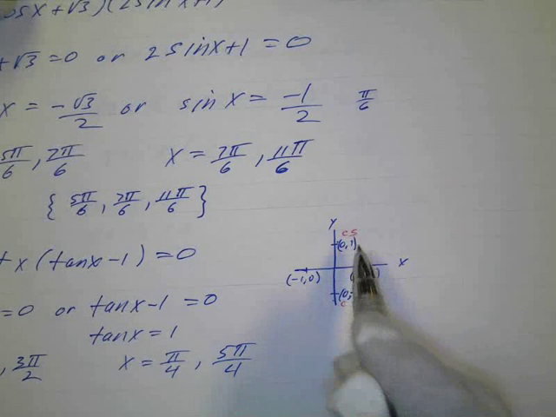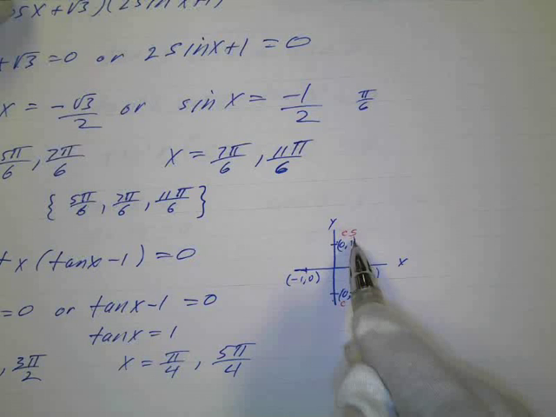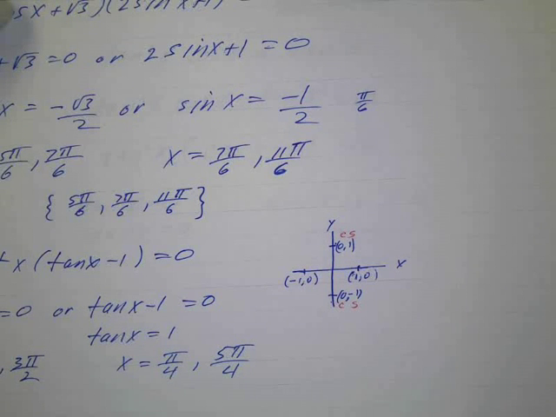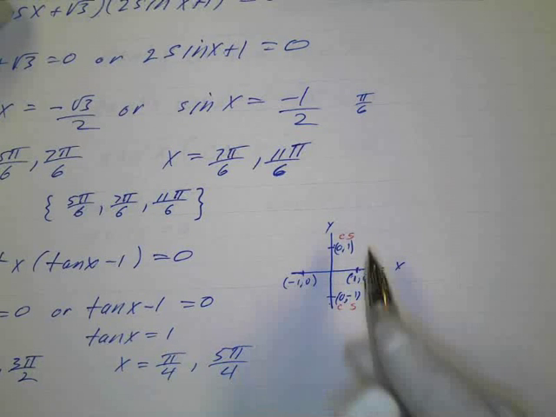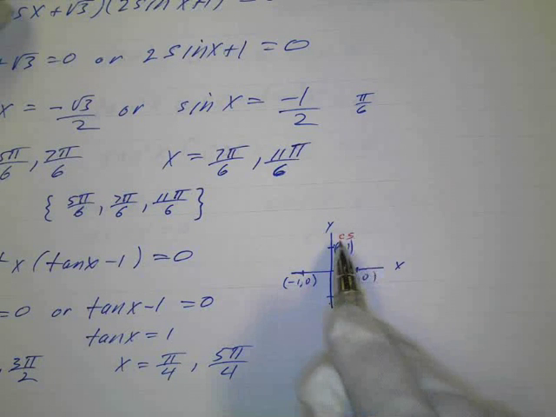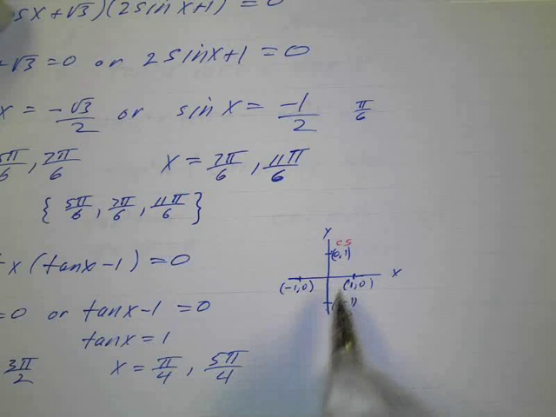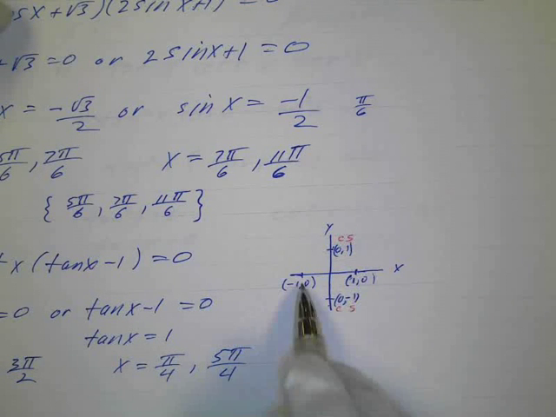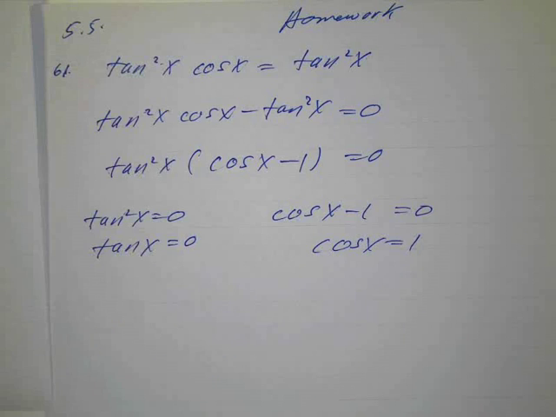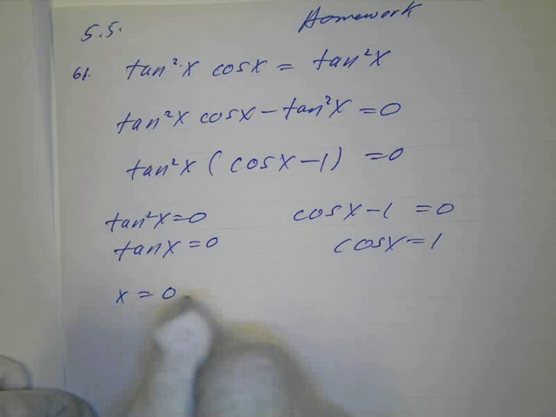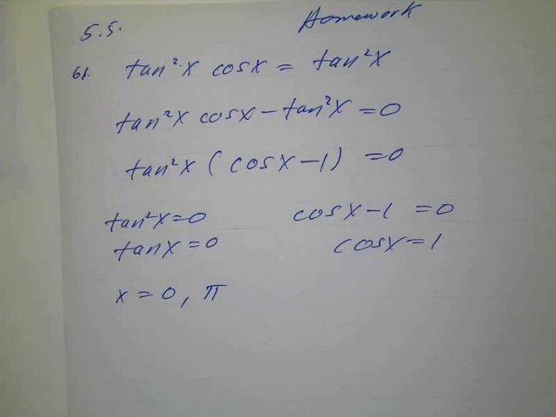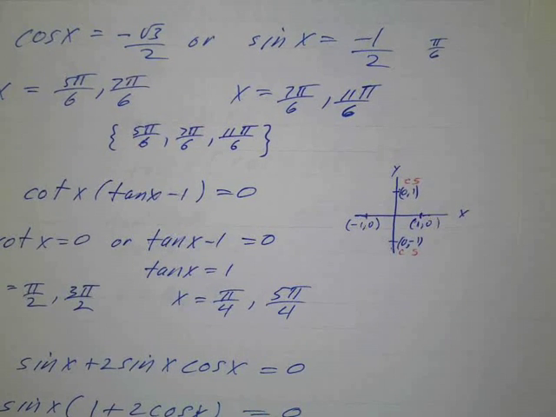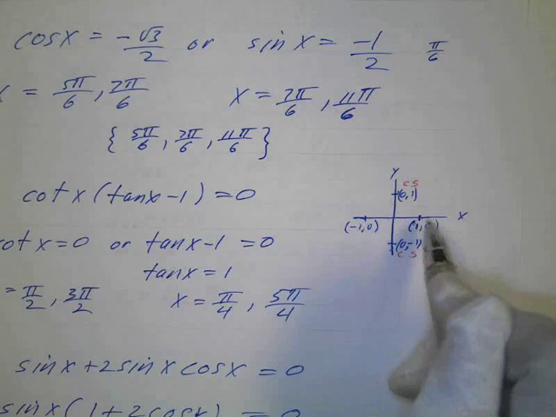Well, that was a cotangent before, so this is going to be sine over cosine. It's going to be 0 over 1 and 0 over negative 1, so this is going to be 0 and pi, because the tangent of 0 is 0.